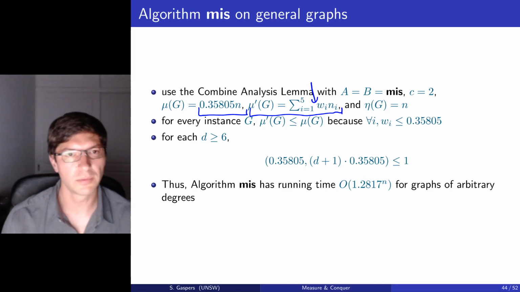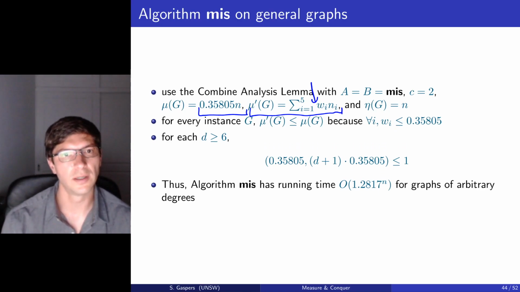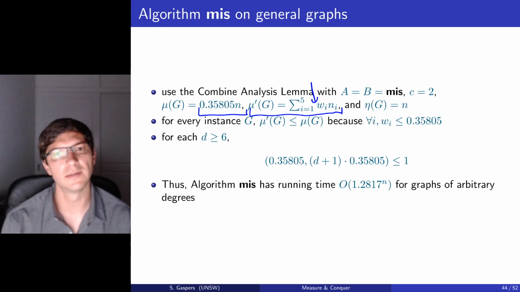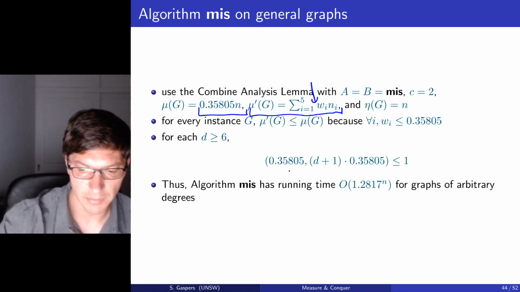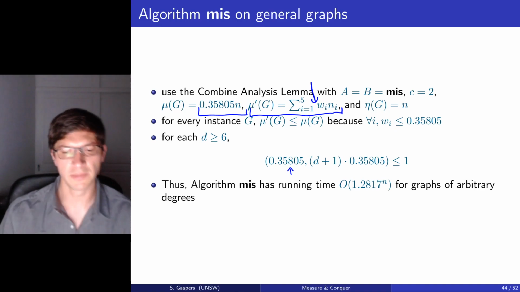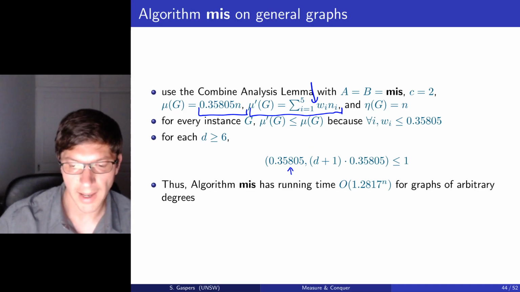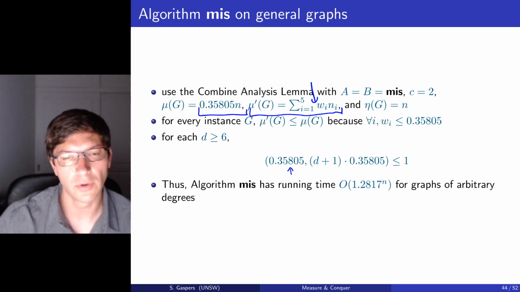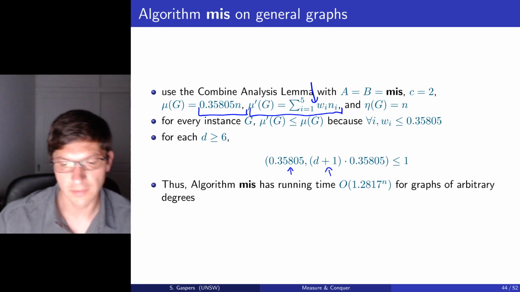Okay, and now what do we have for the analysis for A? So now we just need to handle branching on degree at least 6 vertices. So if we just remove the vertex, what happens is that, well, we decrease the measure by 0.35805. And if we remove all the neighbors and the vertex itself, the number of vertices decreases by d plus 1.